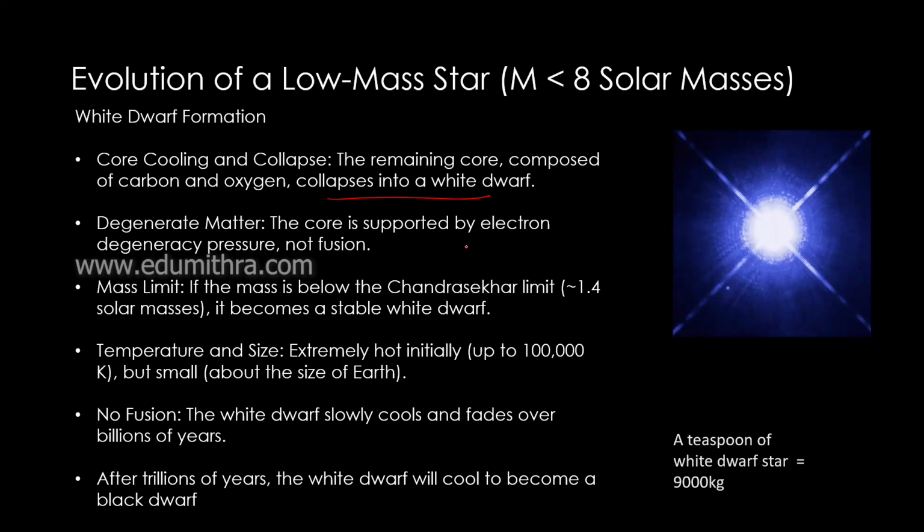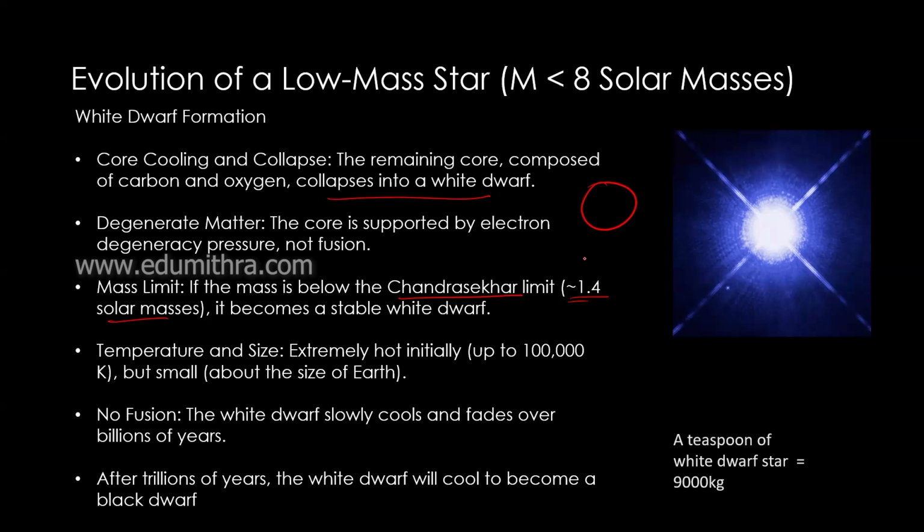For normal solar masses, the white dwarf mass will be less than 1.4 solar masses, the Chandrasekhar limit. So what does this Chandrasekhar limit say? Suppose you have a white dwarf star; it can stay as a white dwarf for its lifetime only if its mass is less than the Chandrasekhar limit, or 1.4 times the solar mass.